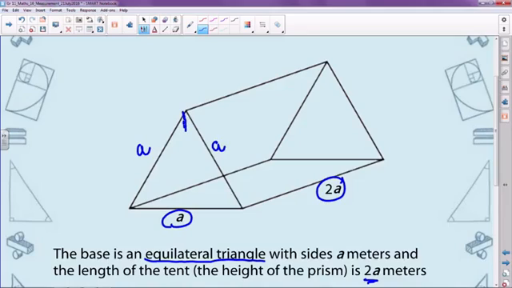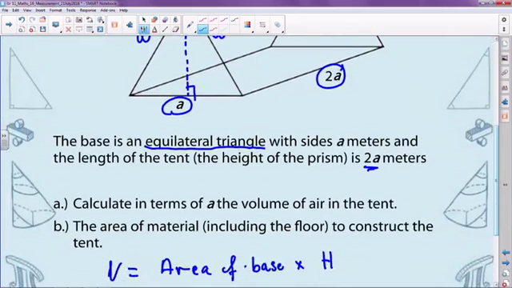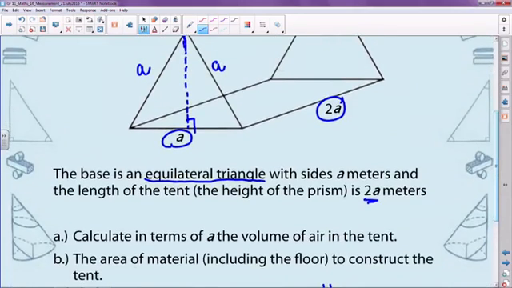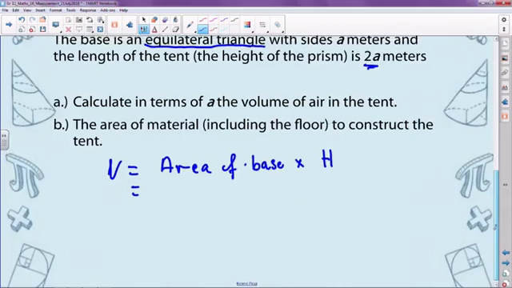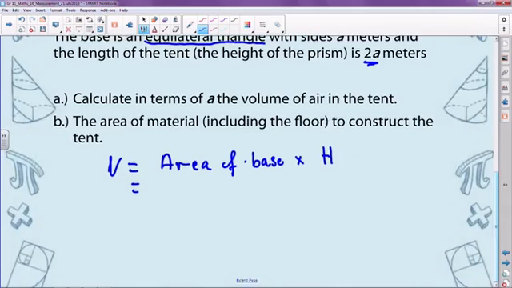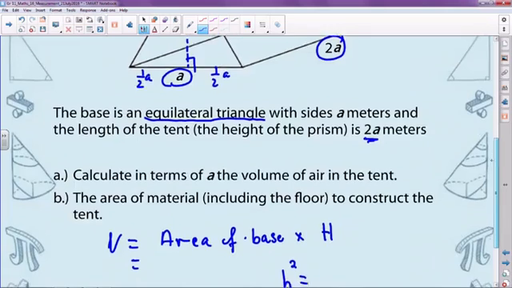But now we need a perpendicular height there, all right? So how can we work out the height, all right? So you've got A, so it means this side you'll have your half A, and then this is also half A. And then you can use your Pythagoras theorem to work out your height. So your height squared equals your hypotenuse squared minus your half A squared.